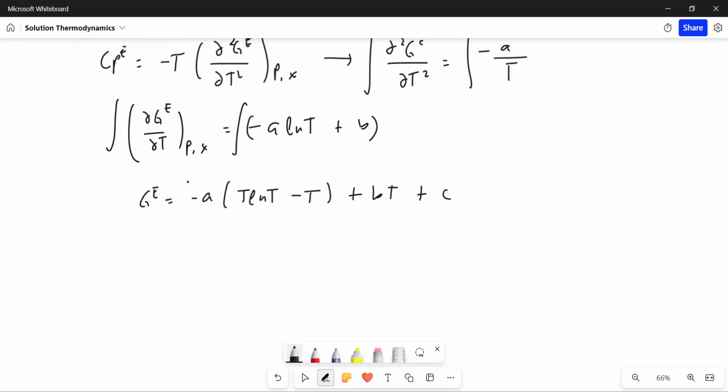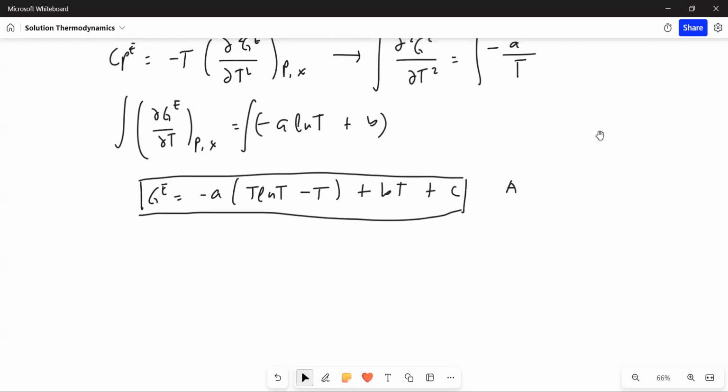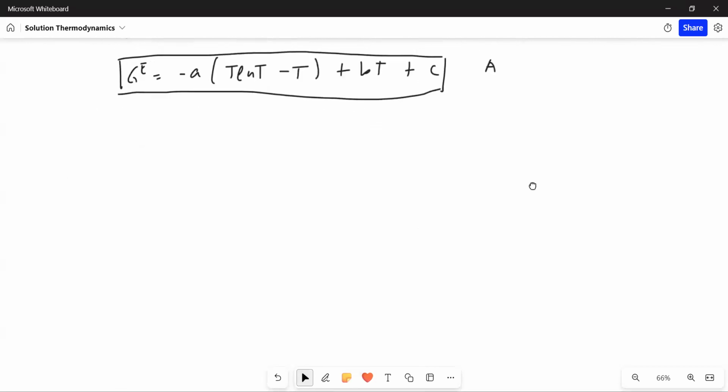And this is actually one of our answers for letter A, which is an expression of excess property G in terms of temperature. Okay, so let's name this as equation A. So now we have an expression for the excess G.